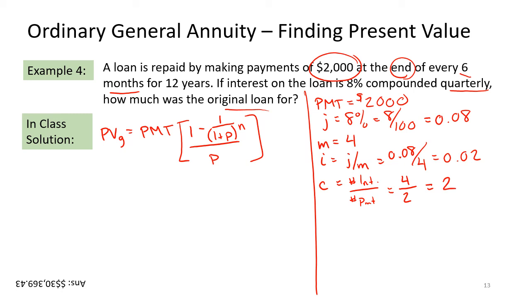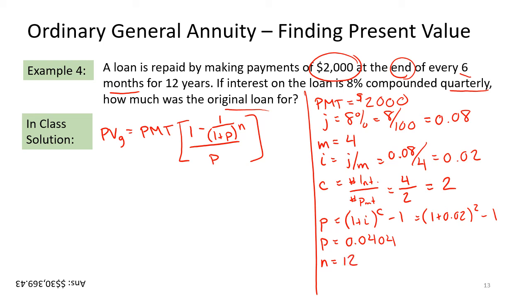So now we can calculate our equivalent rate of interest, P. So that's 1 plus our periodic interest rate to the exponent C minus 1. Or in this case, 1 plus 0.02 to the exponent 2 minus 1. And if we calculate that out, we get a value of P of 0.0404.